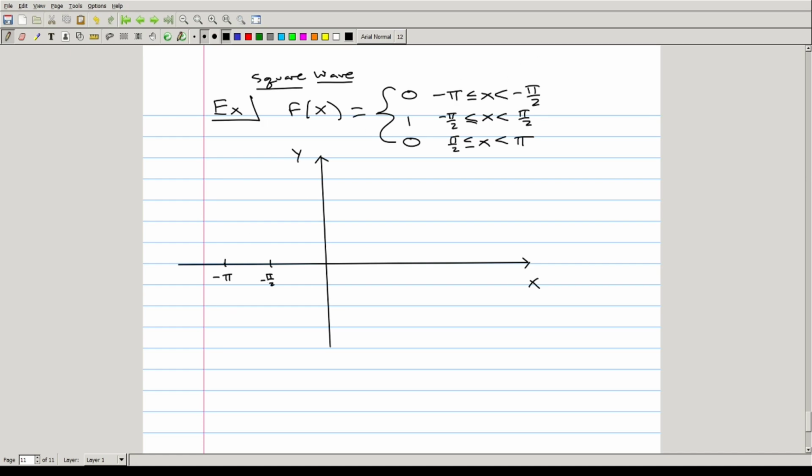This function is going to be 0 on this interval, and then it's 1 from negative pi over 2 to positive pi over 2.